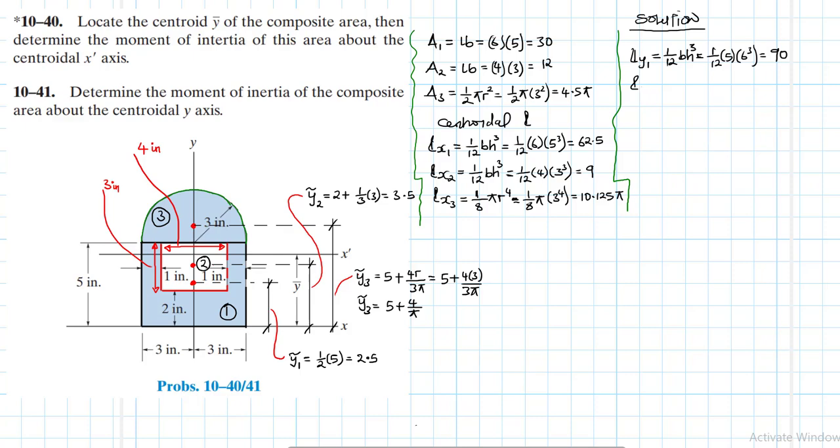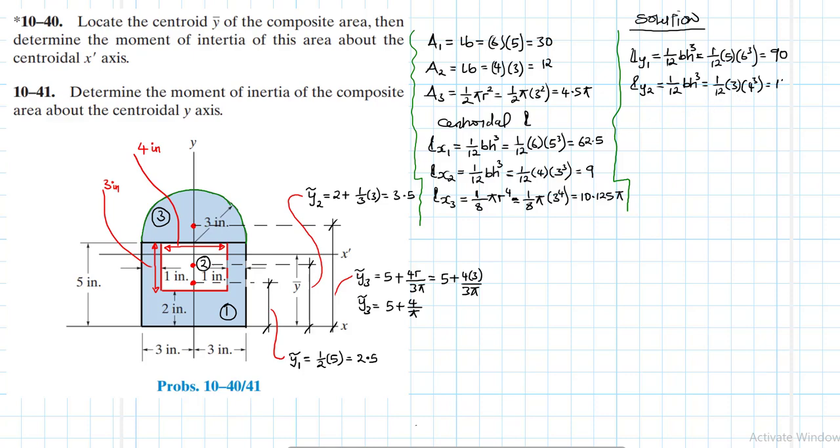Then moment of inertia for shape number 2, which is also a rectangle, is 1 over 12 bh cubed equal to 1 over 12. Our b this time around for this one becomes 3. Our height becomes 4 cubed. So 4 cubed times 3 divided by 12.